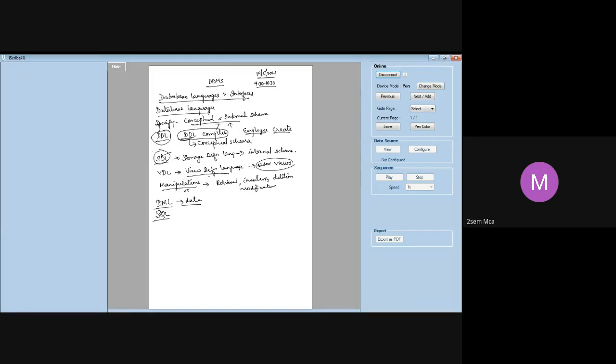Can we have some answers? No. This SQL is a comprehensive database language. This is a combination of DDL, DML, and VDL. Using SQL, you can perform all the three operations.